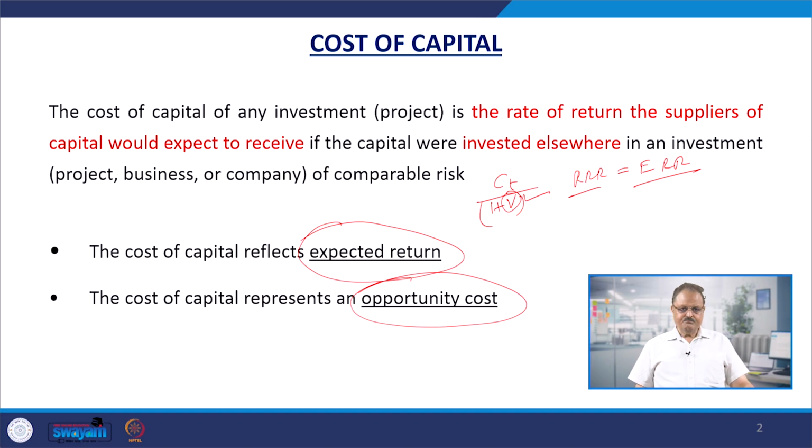The return from all the opportunities must be comparable, because all the opportunities have the same or a comparable level of risk. So the return should also be there. You can call the cost of capital either the expected return from any investment or the opportunity cost. Either way you define it, it is correct.